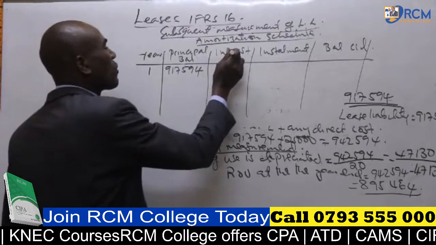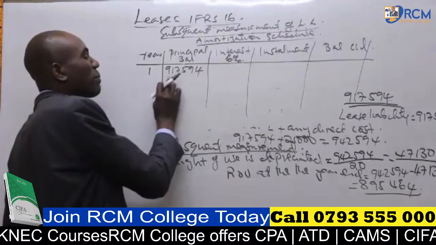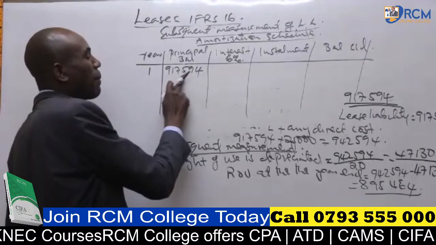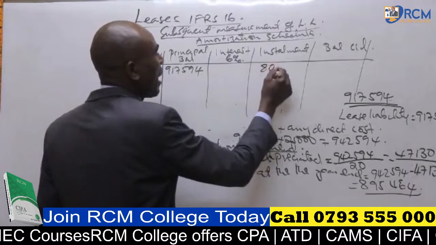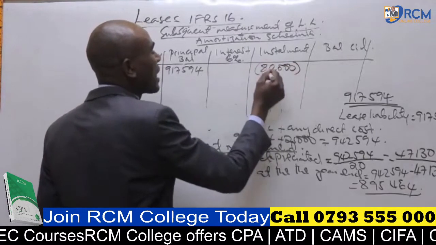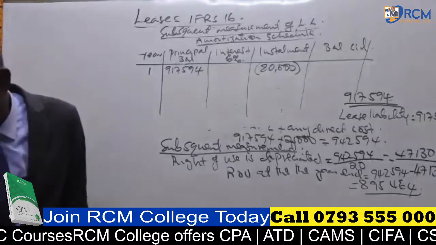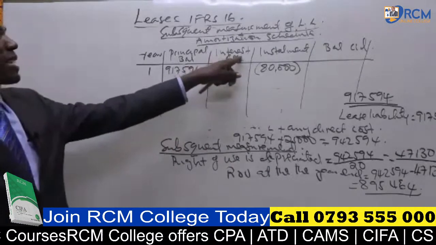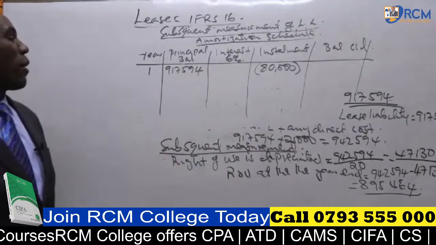Therefore, the interest of 6%, we charge it on this one, because payments are made in arrears. Then we pay 80,000. 80,000 is constant every year. That is what we are paying as our annual payment.